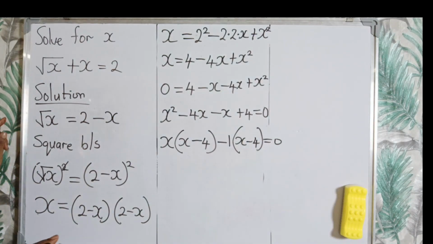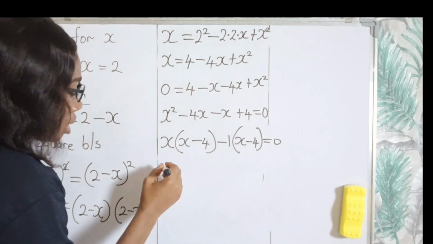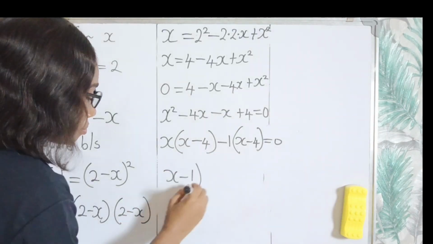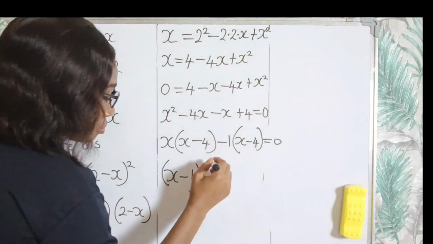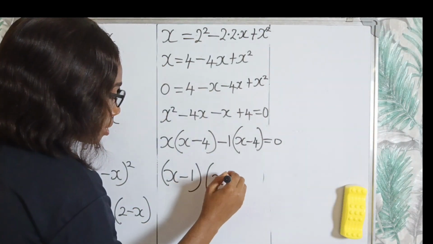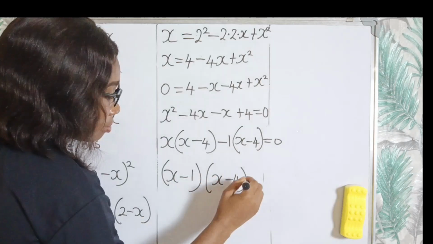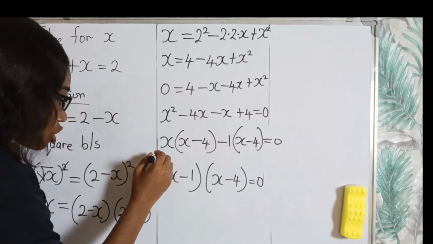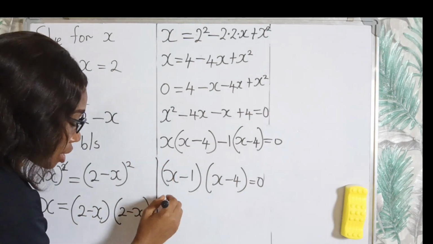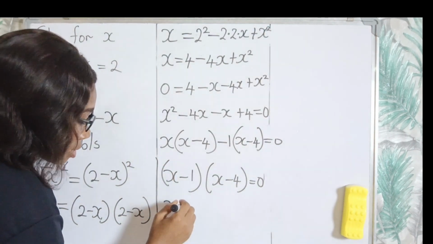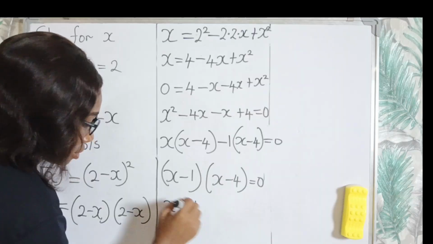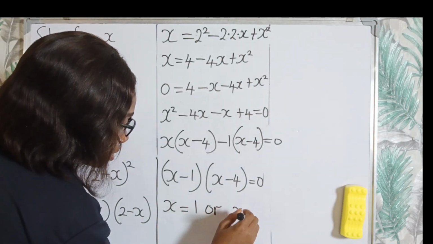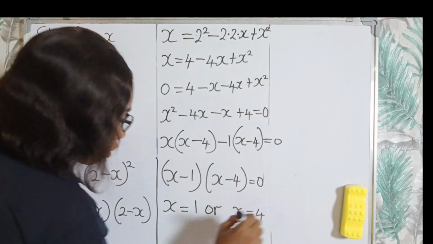Okay, so you're going to have x minus 1, x minus 4 equals 0. So this is going to give us x is now equal to 1, or x is equal to 4.